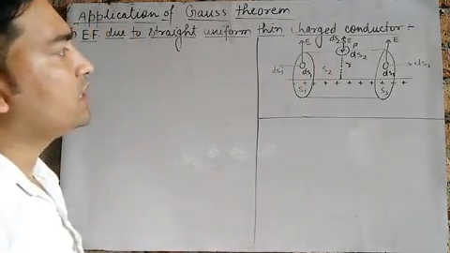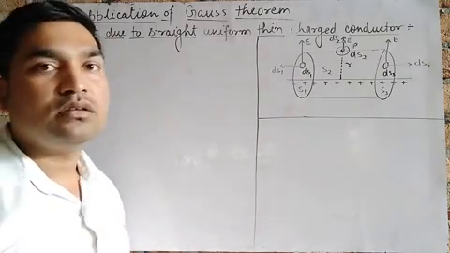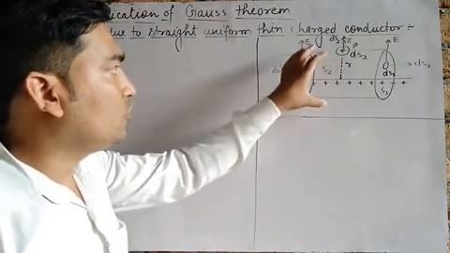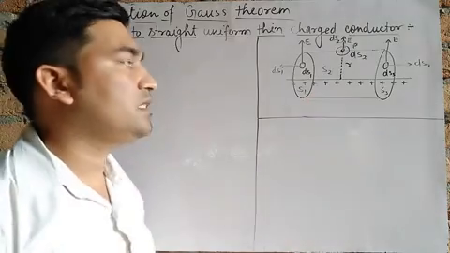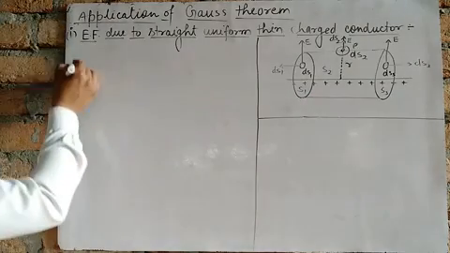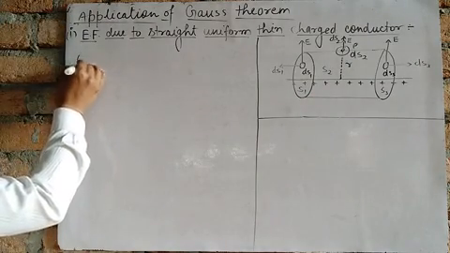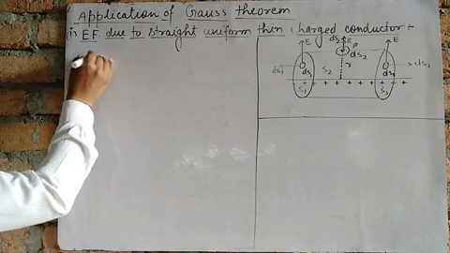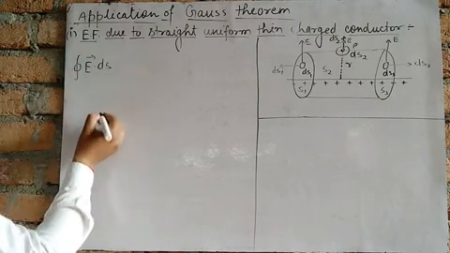Now first of all we have to calculate the total electric flux through these three surfaces. The total flux is written as the integral of E dot ds.